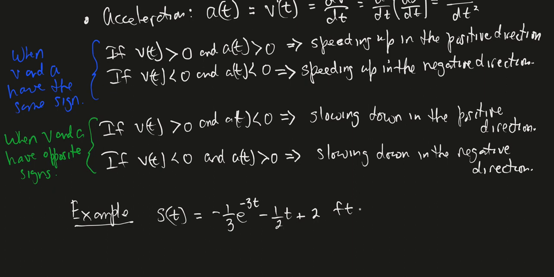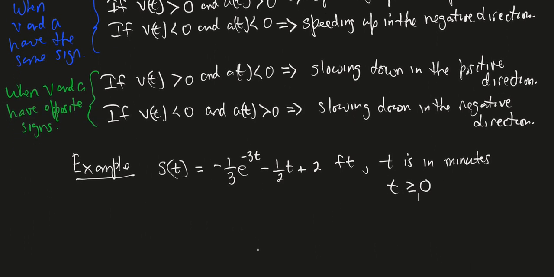And then t is measured in, let's say, minutes. In our models, if t represents time, we are not going to consider negative time. I mean, negative time is a thing, but it's not going to be a thing for us in these models. So we're going to assume that our t in this case is greater than or equal to 0. All right, so that's the setup.